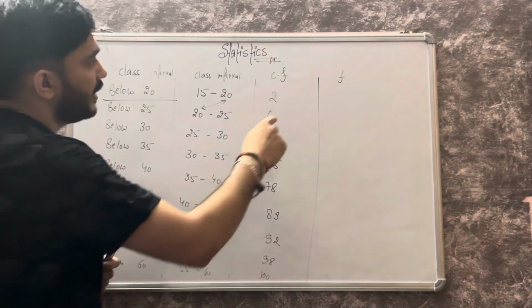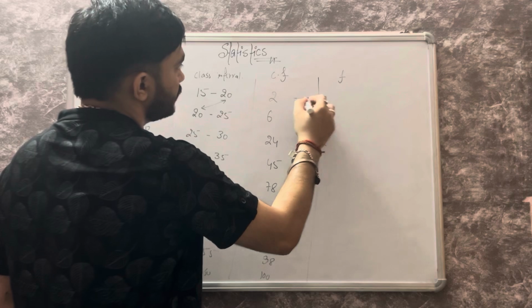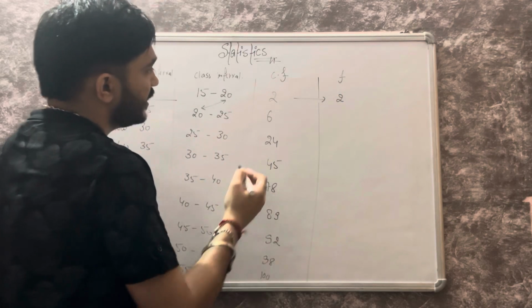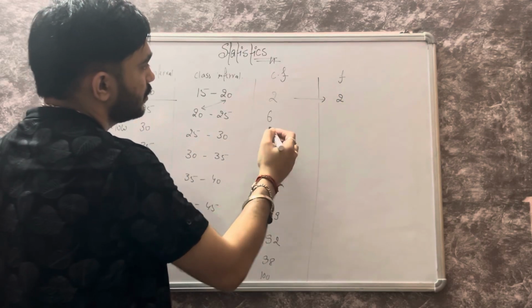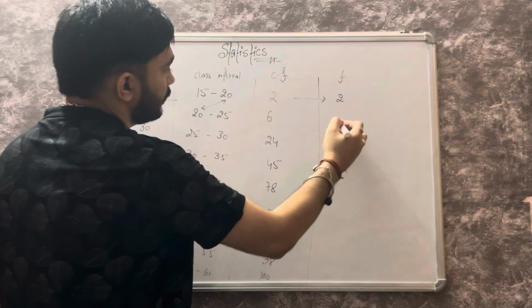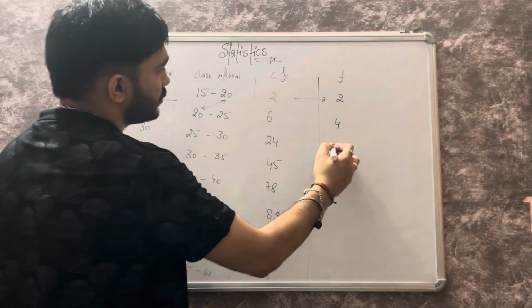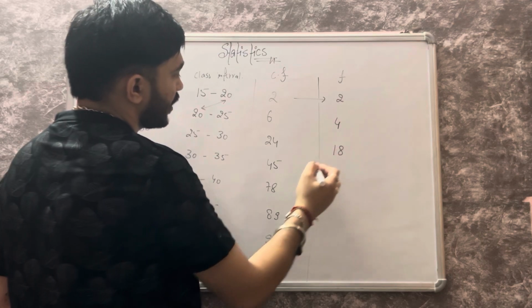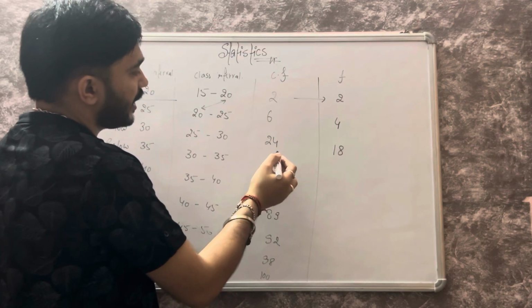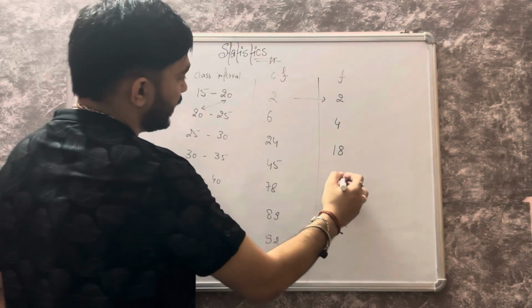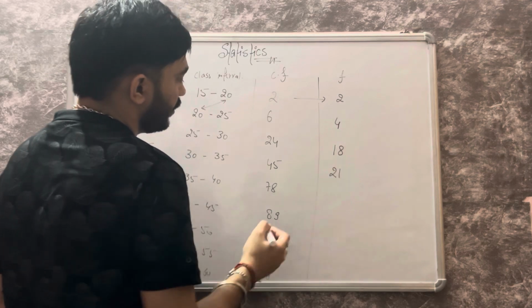Write the first value as it is, that is 2. Then subtract 2 from 6, you will get 4. Subtract 6 from 24, you will get 18. Subtract 24 from 45, you will get 21.